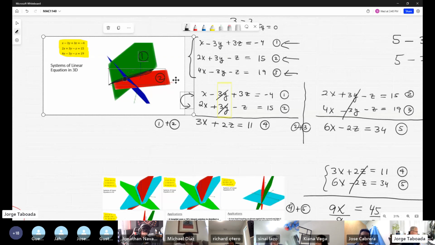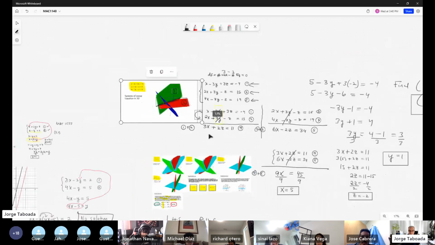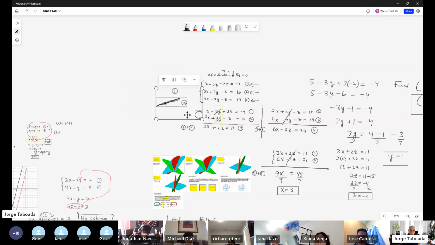Aha. Let's move into another example. Jose Cabrera. Jose, I want to complicate it a little bit more. Look. Let me erase this. Erase everything.